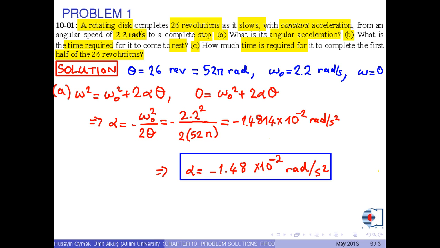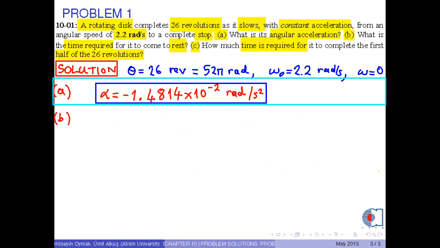Remember that intermediate results are written in 5 digits and the final results are written in 3 digits.